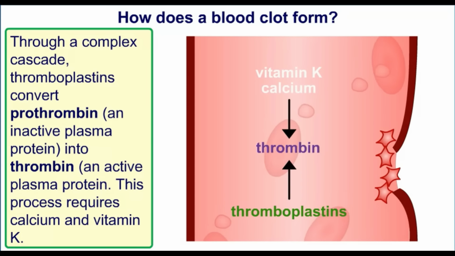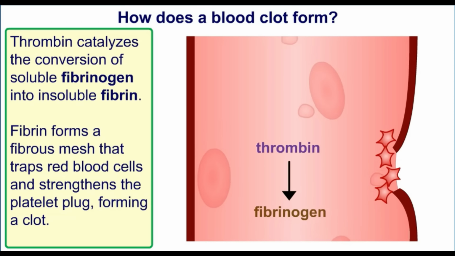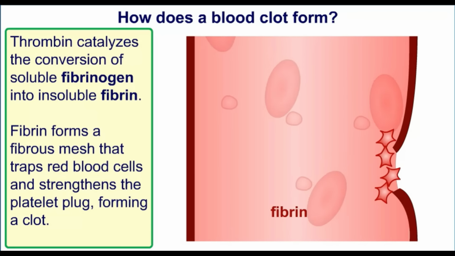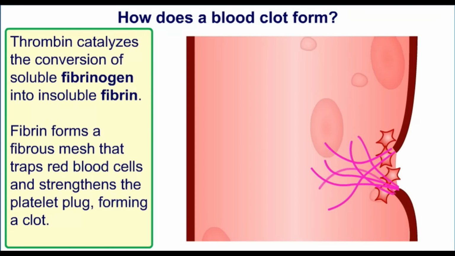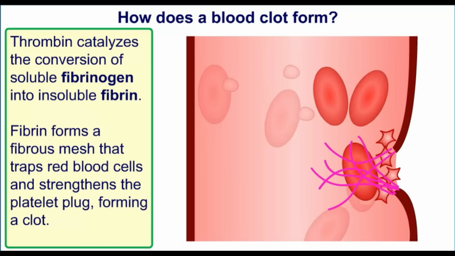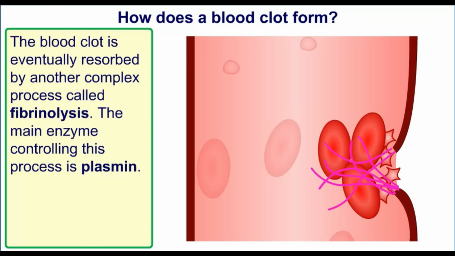This process requires calcium and vitamin K. Thrombin catalyzes the conversion of soluble fibrinogen into insoluble fibrin. This fibrin now forms a fibrous mesh that in turn traps blood cells and strengthens the platelet plug, forming the blood clot.